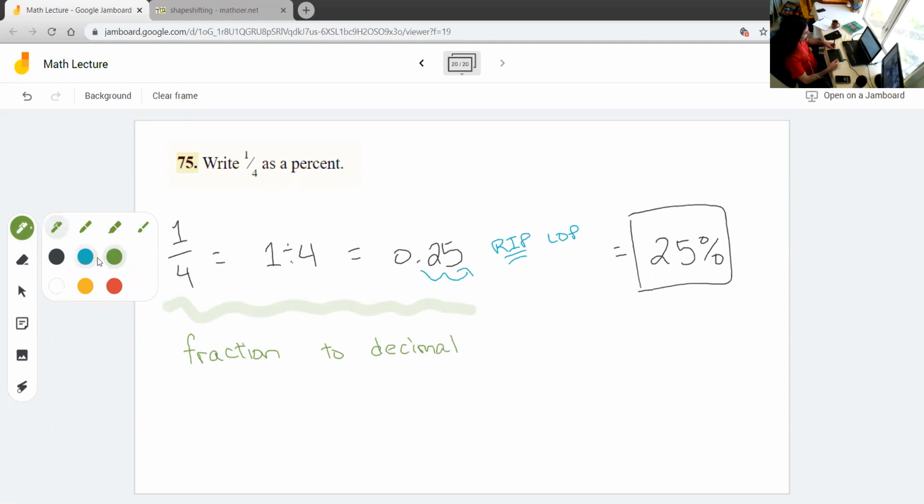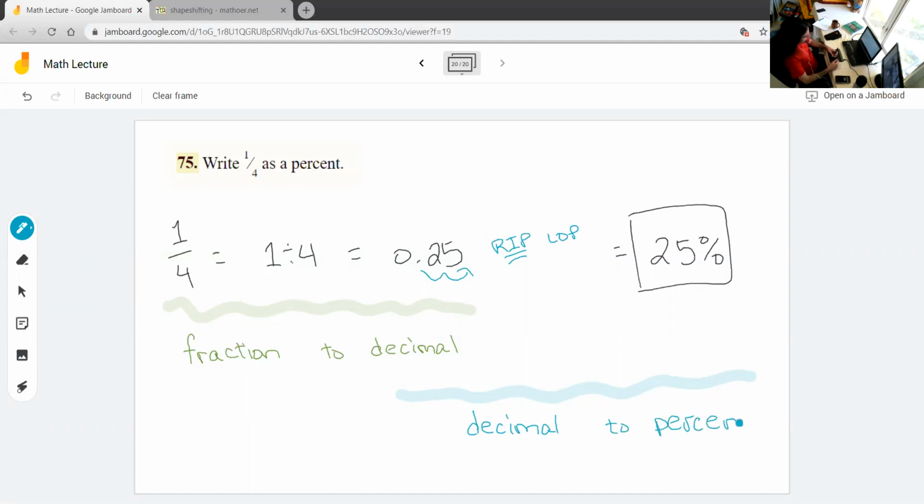And we have a quick thing that does decimal to percent, and we'll just put them together. You can play around with it and maybe have other things happen.